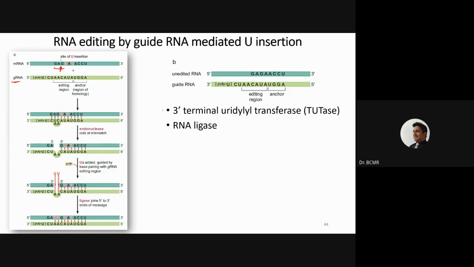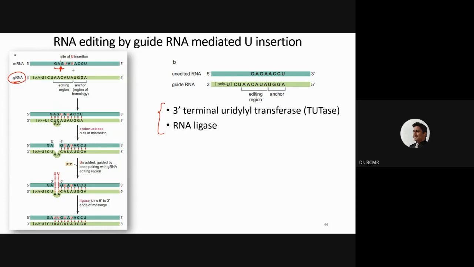There are 2 enzymes that are important for inserting the uridines. But where it should happen is guided by an RNA, and that is why you call this RNA guide RNA.